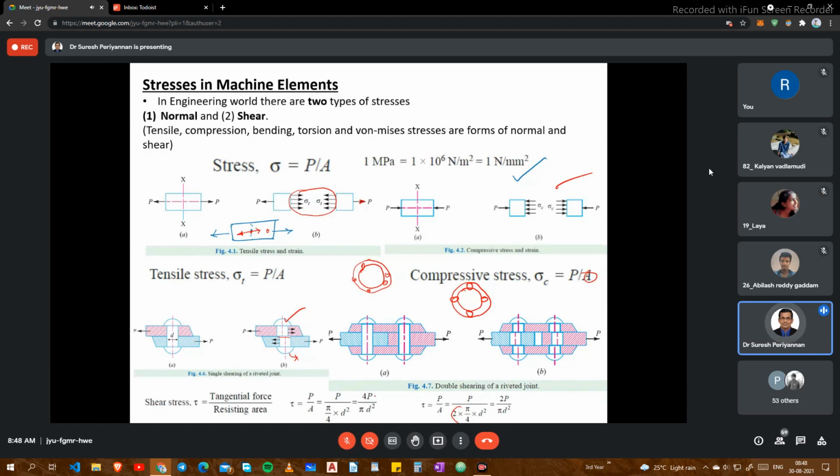See here, when we are using a single rivet, the shear stress is more. But when you are using more rivets, the shear stress acting in each rivet is less. Hence, it is better to use more rivets, or more bolts and nuts.